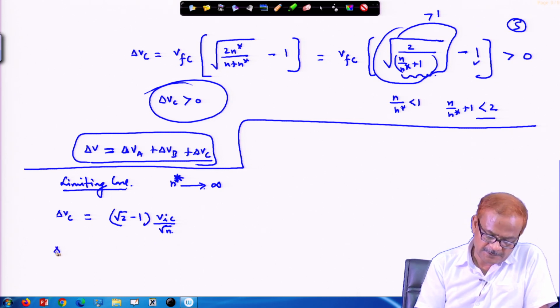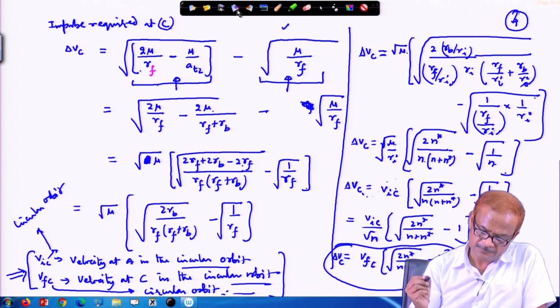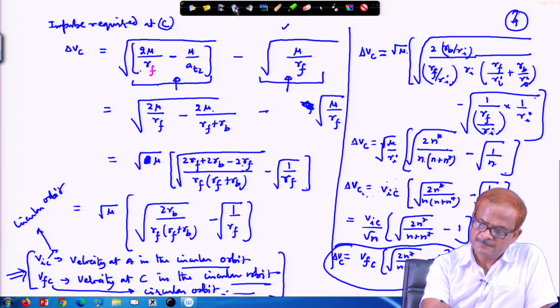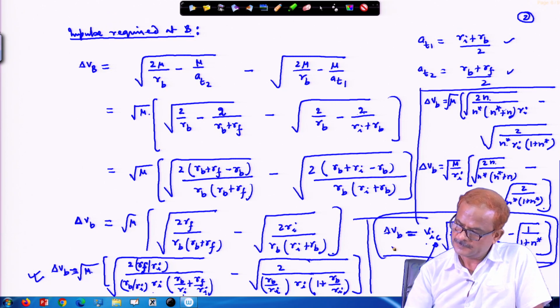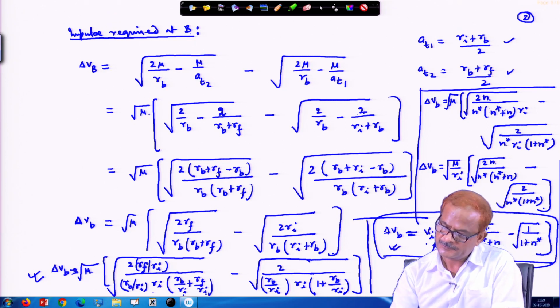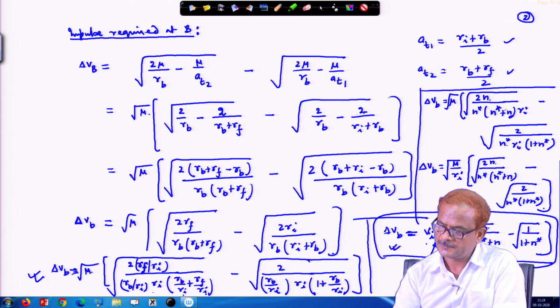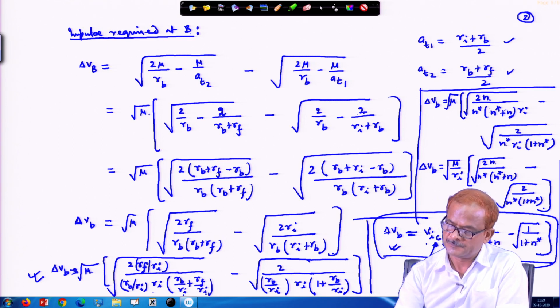Okay. Similarly, delta V b, we have worked out here, as n star tends to infinity. So, you can see that this quantity will tend to 0, this quantity will become 0.